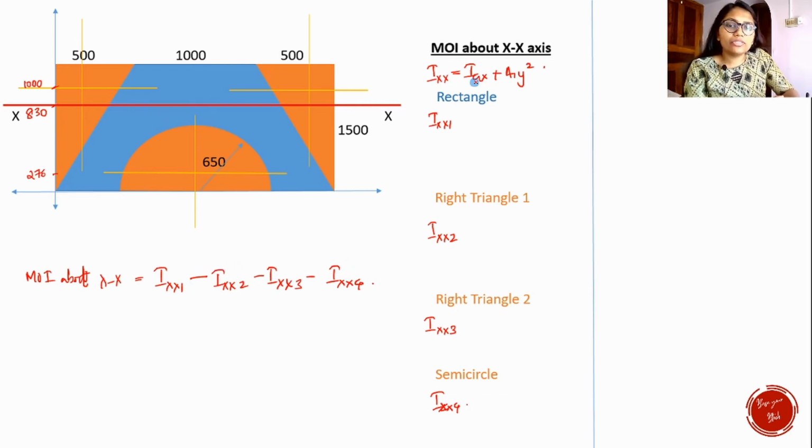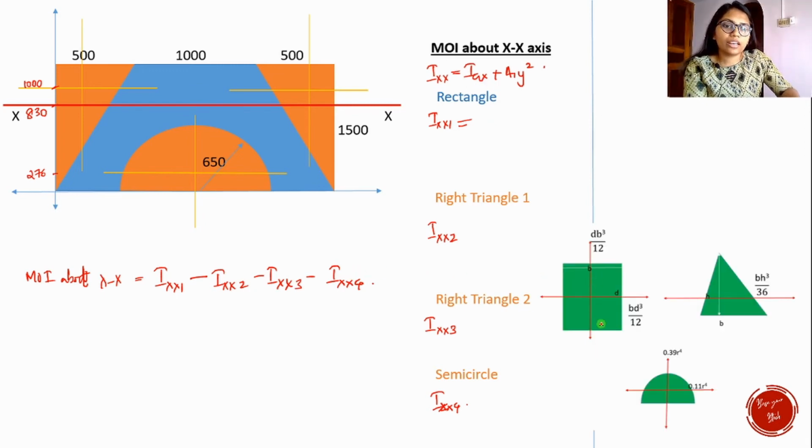Now actually this formula is taken from parallel axis theorem, which we have discussed in the last class. So how to find this Igx and a1 y square? Remember, this is the shape rectangle. So Igx, see, I have pasted the figure and formula of these three shapes. That means rectangle, triangle and semicircle centroid formula is needed for this question, isn't it? So let's take Igx.